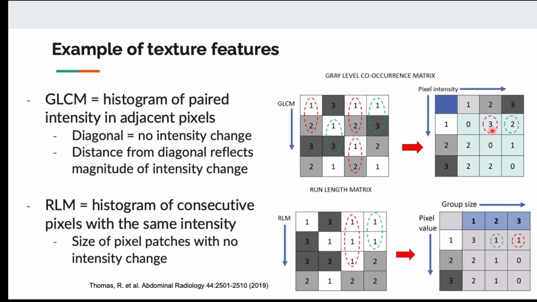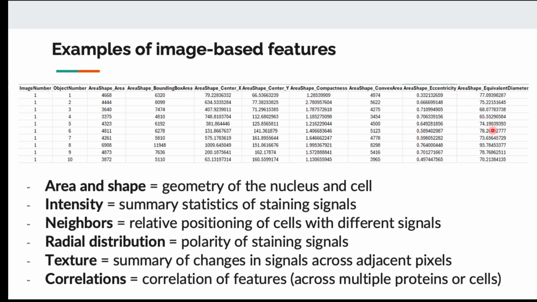So if you use software that can take in a microscopic image and then produce that kind of histogram or numerical description of the image, it's going to describe many things for you. For example, for each cell and nucleus, it can describe the geometric shape of the cells and the nucleus, the area, for example.